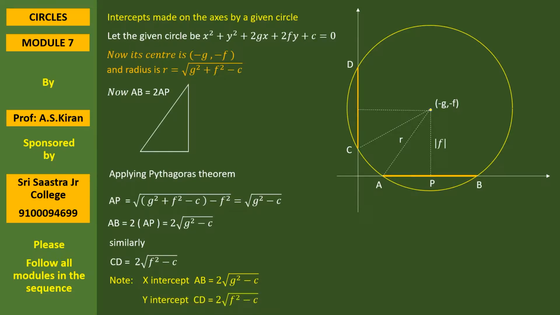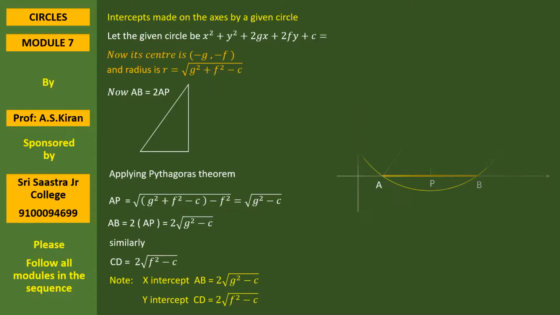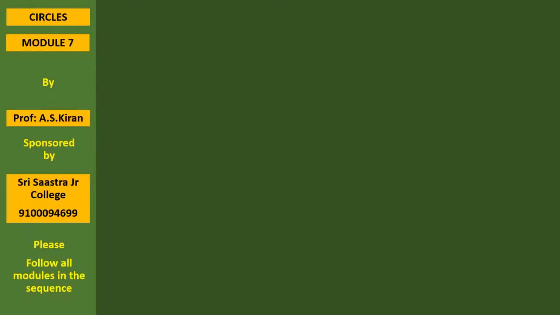Y-intercept is 2 root of f square minus c. Always, in any kind of consideration, the intercepts are positive because they are the distances we take.